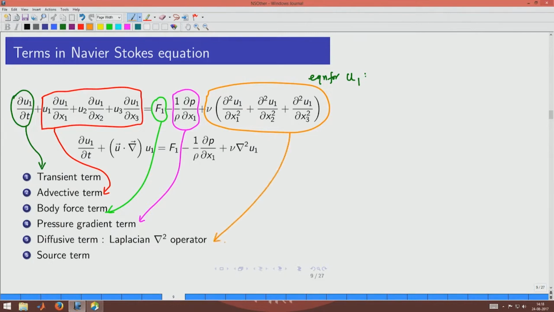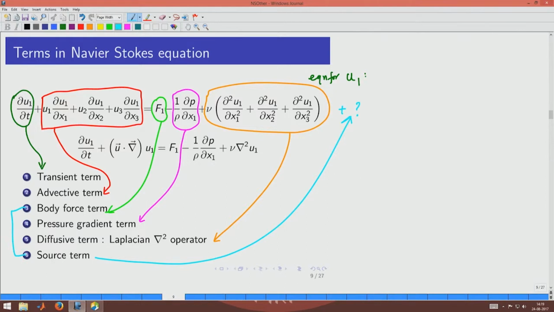Now, there are situations where you may want to add some more terms to this equation, to handle more behavior of the fluid flow, for example, to take into account the enthalpy porosity formulation, etc. In such situations, those terms are called source terms. Strictly speaking, the source term and the body force term are the same.